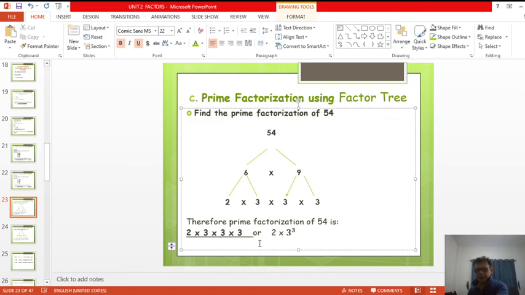Okay, let me cut this one. That's your answer. And then, if I ask you for the exponent form, simply write down 2 because there's no other 2 there, times 3 to the power 3. Why?